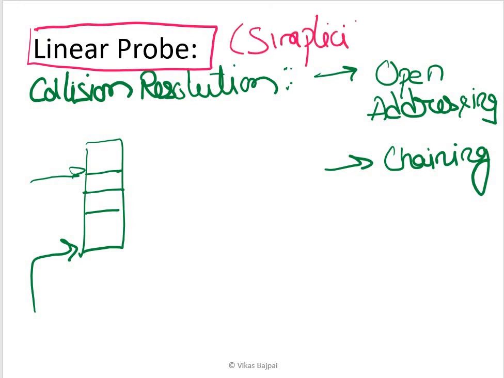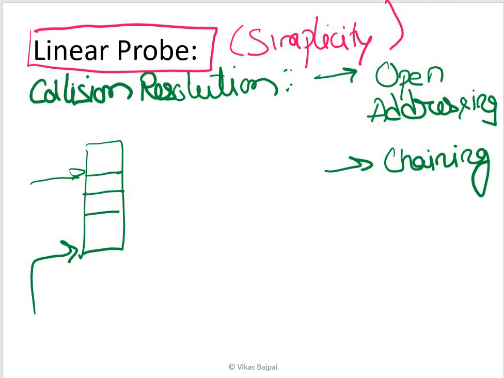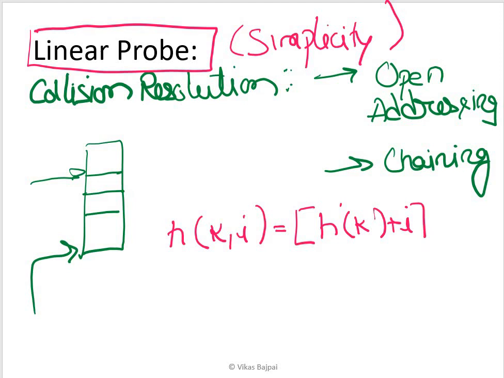So in linear probing, in order to resolve this collision, we take h of k comma i equals h dash k plus i mod a, where a is the array size.